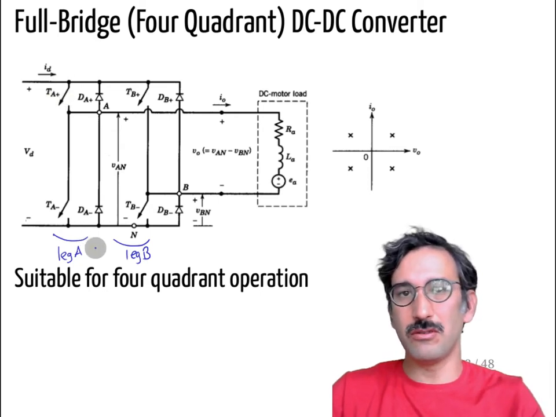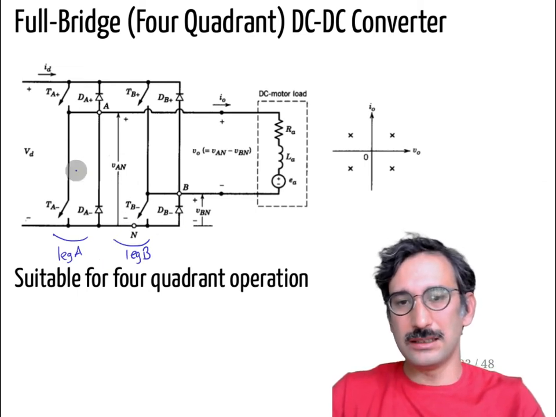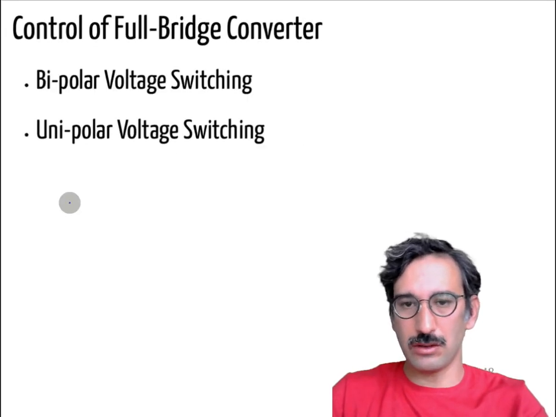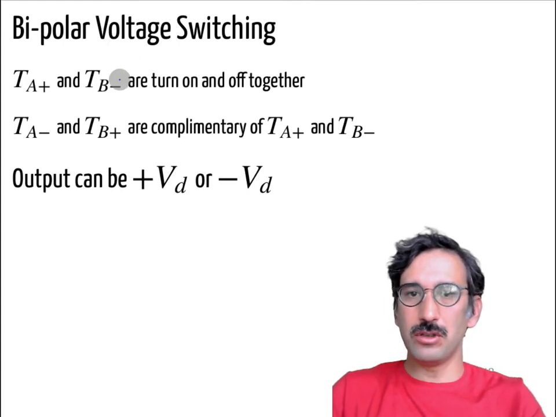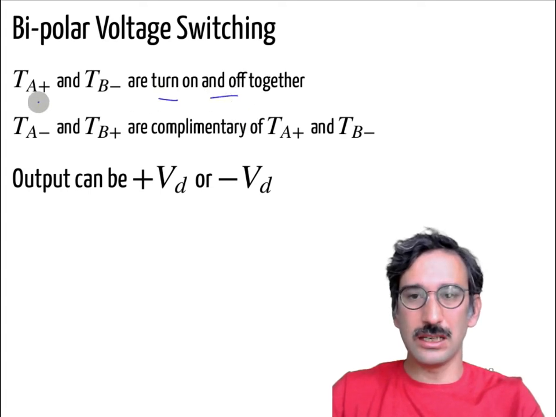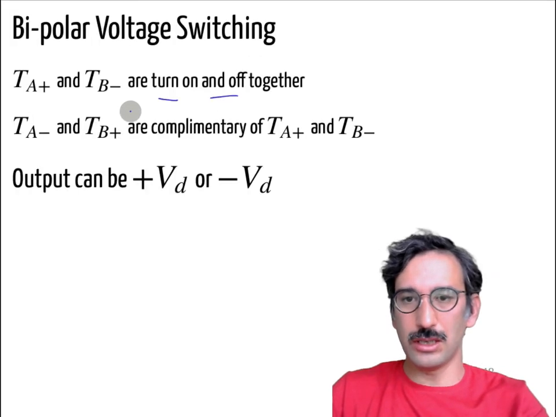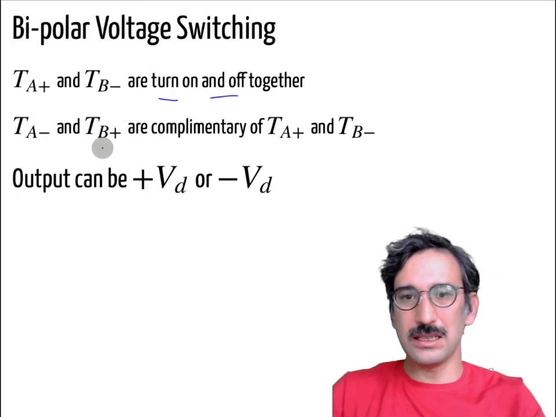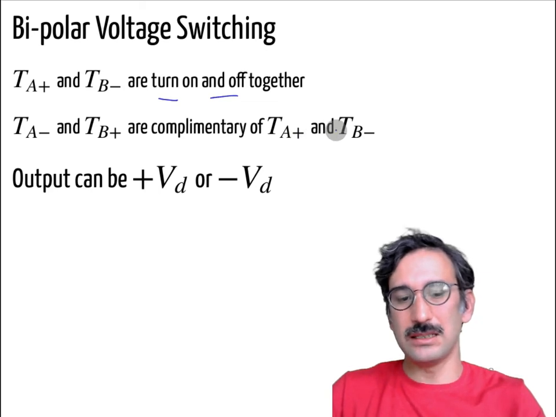So this is the convention of Mohan textbook, but in different books you can have different definitions. And the negative side is TA minus. Okay, so in the bipolar voltage switching, TA and TB are turned on and off together. Okay, so TA plus and TB minus are turned on and off together, and TA minus and TB plus are complementary of TA plus and TB minus.